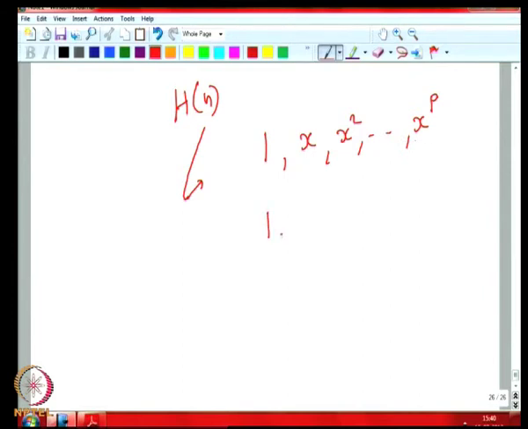Also, if you want to use 1, n, n square, up to n raised to p, they form a basis for this thing.